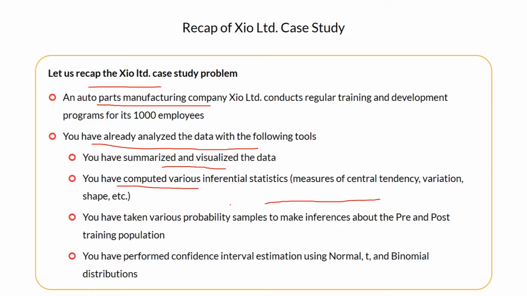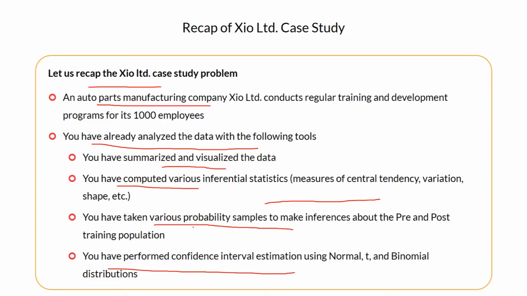You extracted samples from the original data using various probability sampling techniques such as simple random sampling, systematic sampling, stratified sampling, and cluster sampling. You analyze these samples with all the analytical tools learned in the inferential statistics module. You also performed interval estimation techniques using normal distribution and t-distribution to generate confidence intervals.